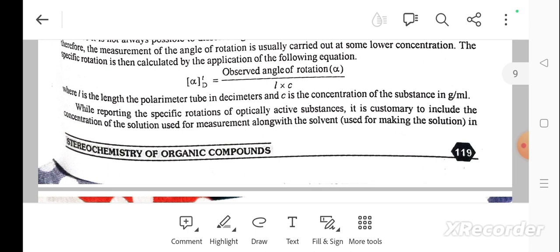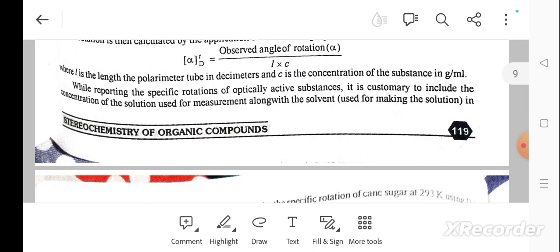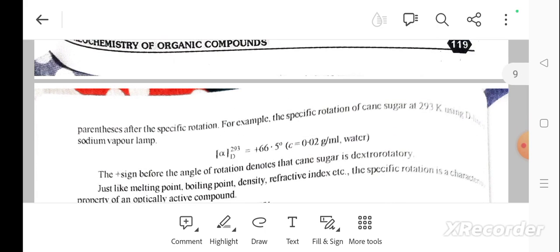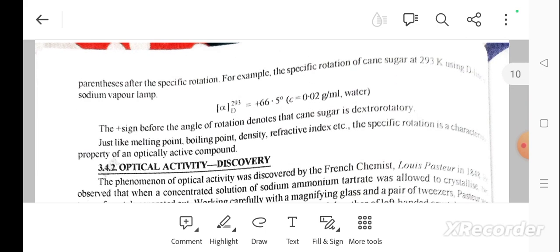While reporting the specific rotation of an optically active substance, it is compulsory to include the concentration of the solution used in the measurement, along with the solvent, in parentheses after the specific rotation.